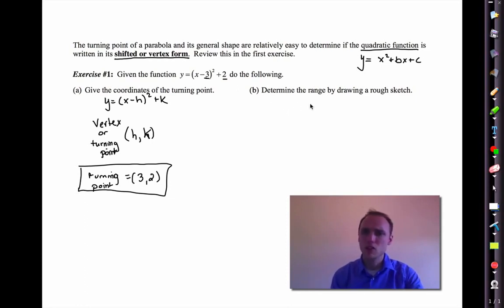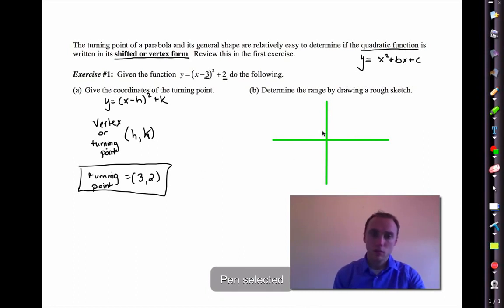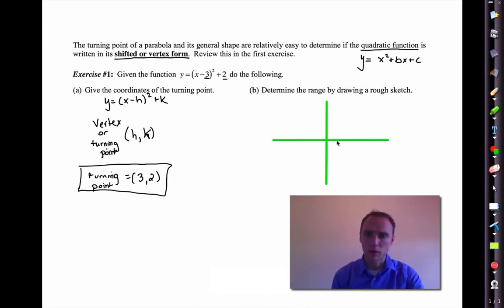So if we look at part B, it says to determine the range by drawing a rough sketch. Well, a rough sketch, or a rough idea of what it's going to look like, is going to tell me a lot. So let's look at a rough sketch really quick. Let's just draw it out. So here are my axes. And now if I plot my turning point, I'll plot that point, 1, 2, 3, 1, 2.